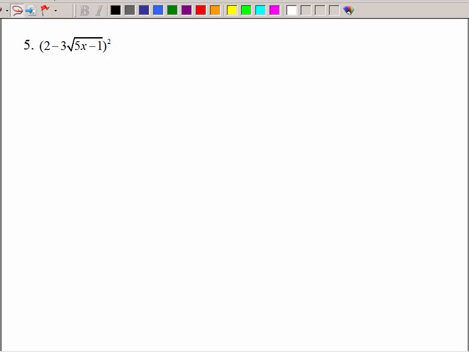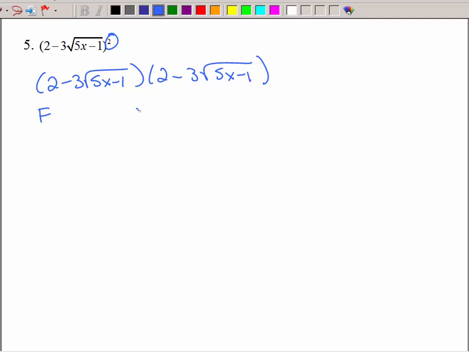So let's look at this last example. Looks a little bit scarier. So again, I'm squaring a binomial, so I'm going to write it out twice so I don't have to skip any steps. If you can skip steps on this, it's really okay. Okay, so first, outer, inner, last. 2 times 2 is 4.